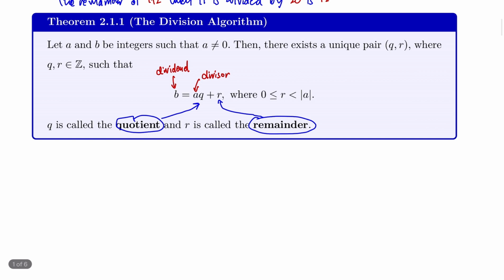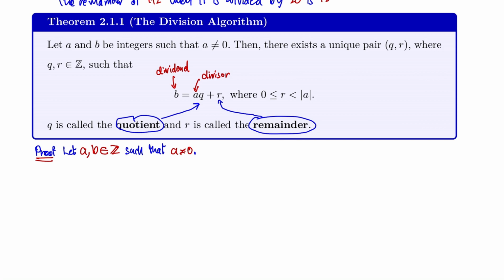We're going to let a and b be integers such that a is not 0.